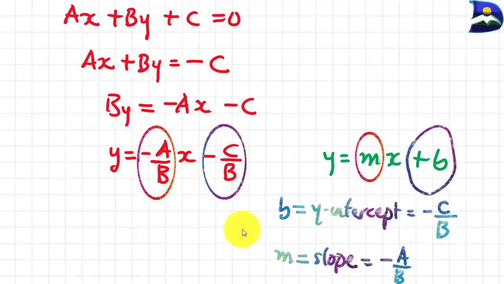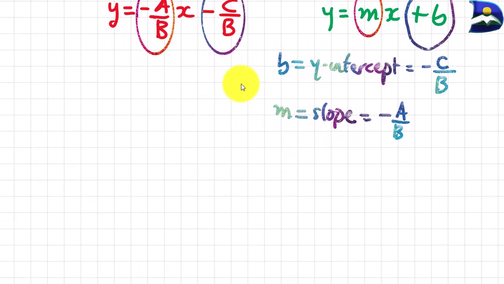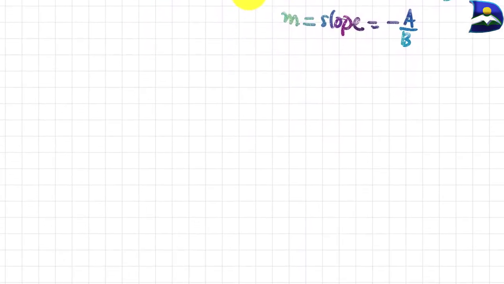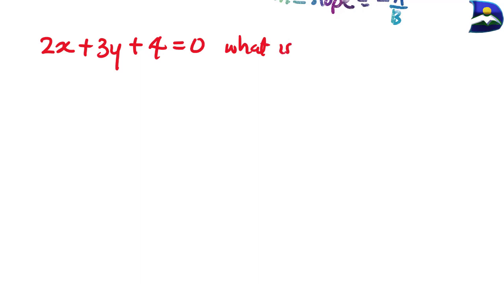Now we're going to look at an example of how we apply this to transform a specific equation from general form to slope-intercept form. For example, you're given 2x plus 3y plus 4 equals 0. What are m and b?